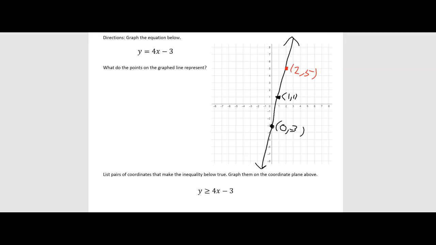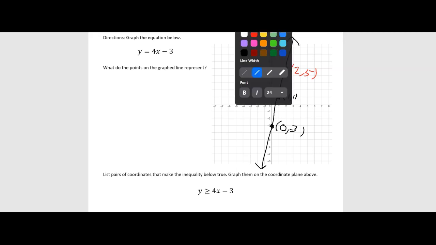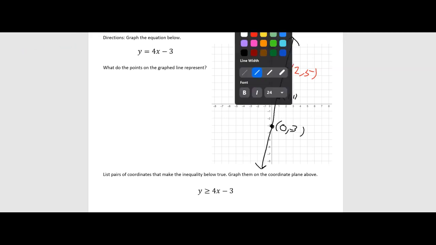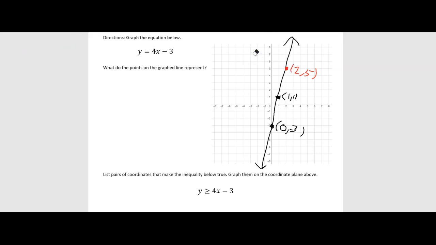Okay, so I'm just going to take the point. Again, I'm doing the second question. I'm just going to do my work up here. Let's do points that I can actually graph. That would make more sense.